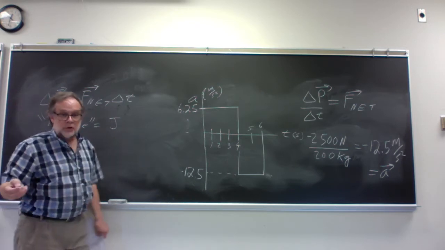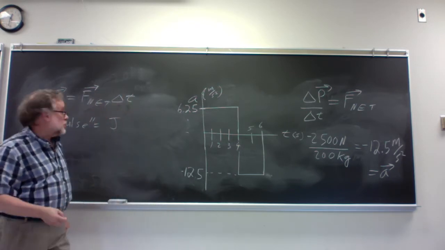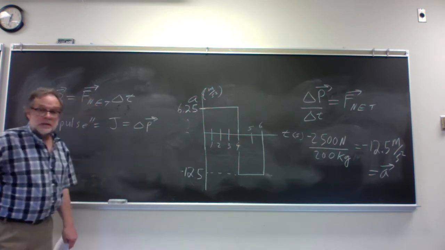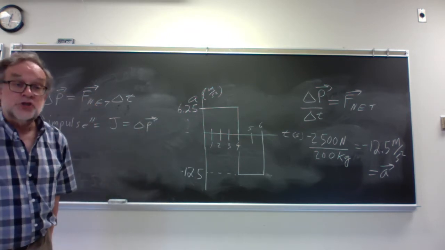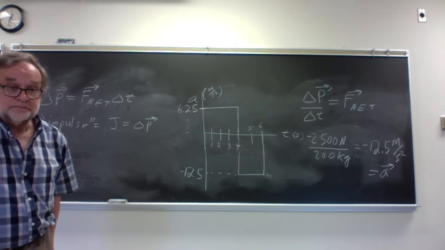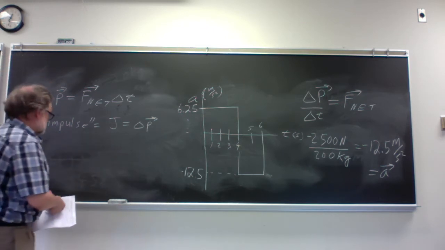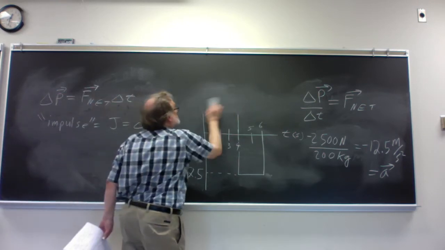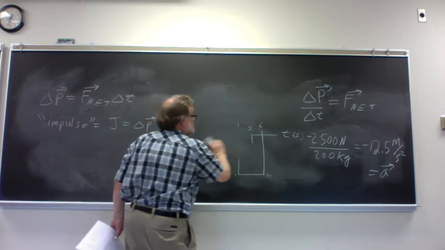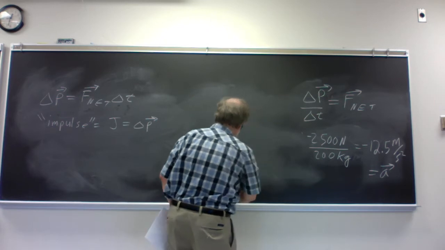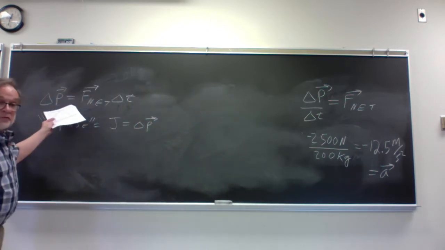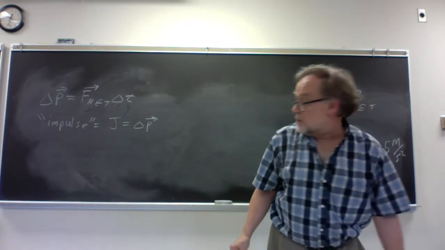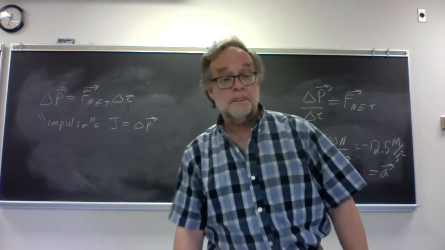The algebraic symbol that's often used for impulse is capital J. And impulse just is the same thing as change in momentum. This is actually a physically significant quantity. We encounter it quite often.